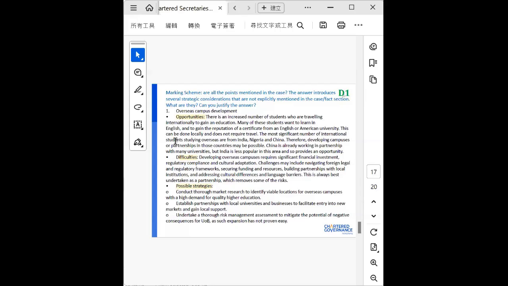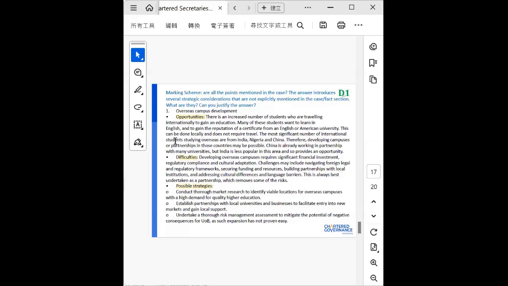So those are the difficulties. And the possible solution will be doing market research first, establishing a partnership with local universities which have a reputation, and undertaking a risk management assessment and things like that.